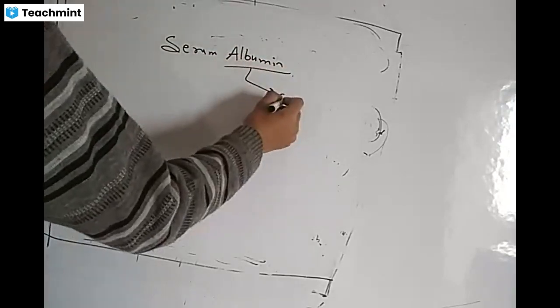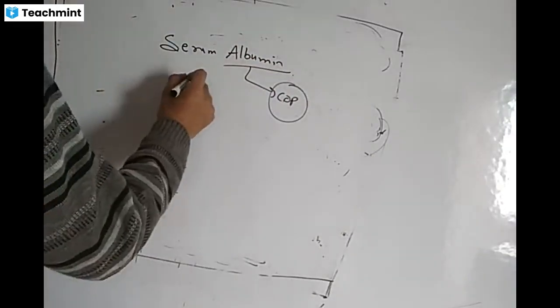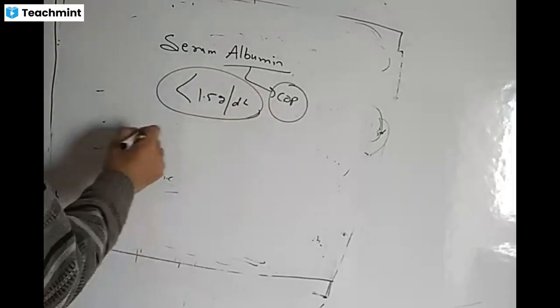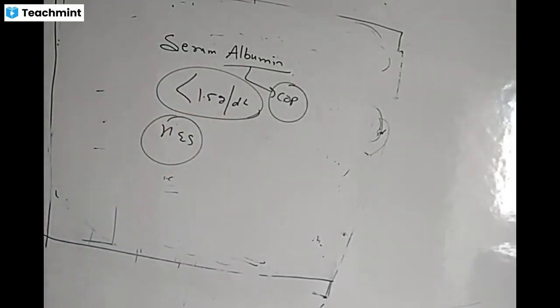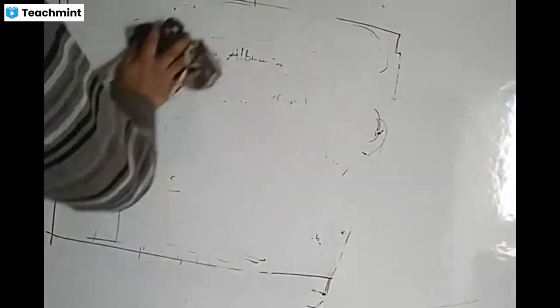Albumin is the main colloid osmotic pressure determining protein. If albumin is less than 1.5 gram per dl, then also we go for the hydroxyethyl starches. So these are the colloid molecules. The problem with colloid molecules is some kind of hypersensitivity or allergic reaction.